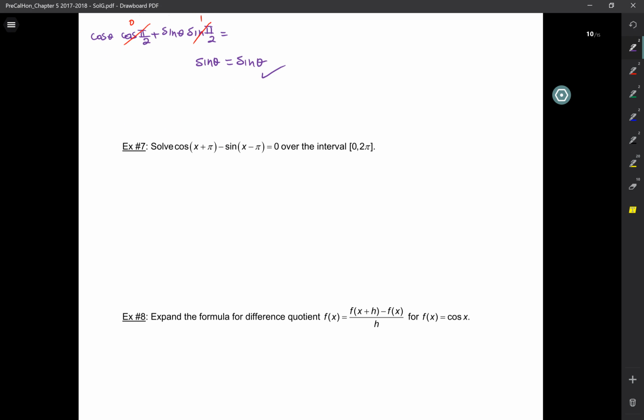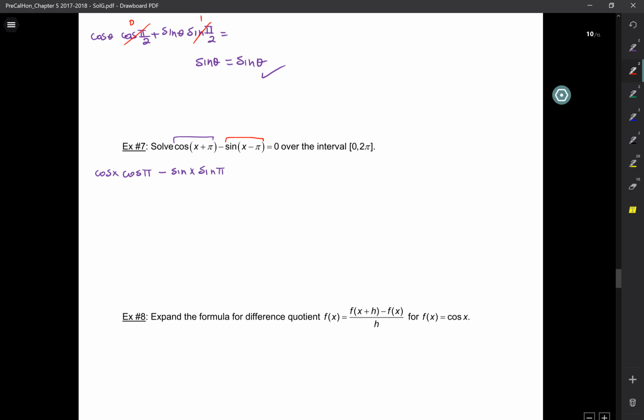Now, take a look at this next one. I have cosine alpha plus beta. I have sine alpha minus beta. It's like two identities in one problem. So let's divide and conquer. Let's do the one in purple first. Cosine, cosine, minus sine, sine.